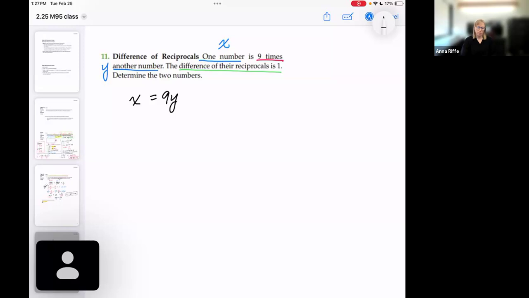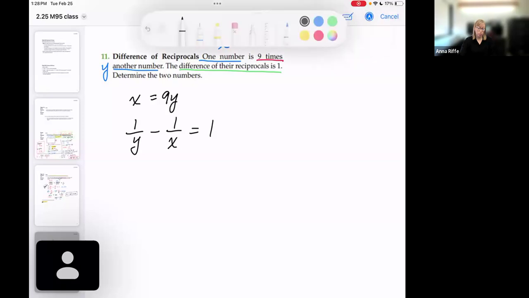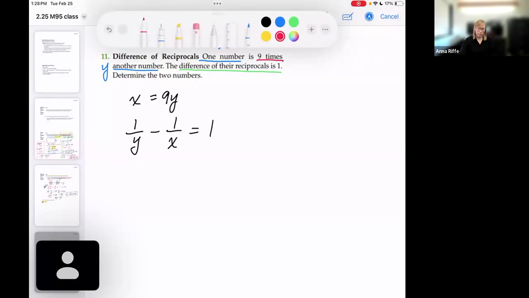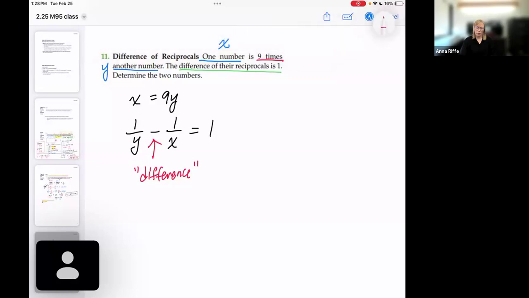So if I take 1 over Y minus 1 over X, I will get 1. Difference means an answer to a subtraction problem, so I put subtraction because of that word difference. And the reciprocal means the flipped fraction. So that's how I could set that up.